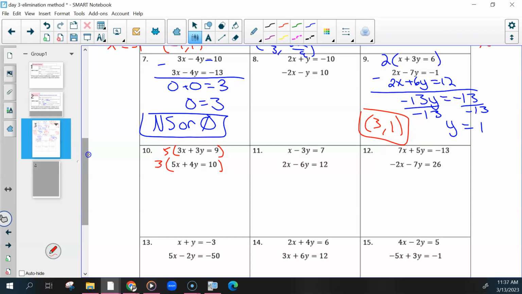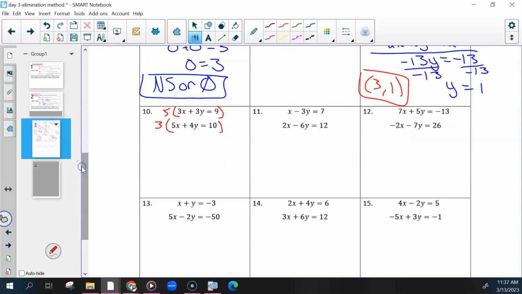So to go through, I'm going to rewrite both of those underneath. 15x plus 15y equals 45, and 15x plus 12y equals 30.